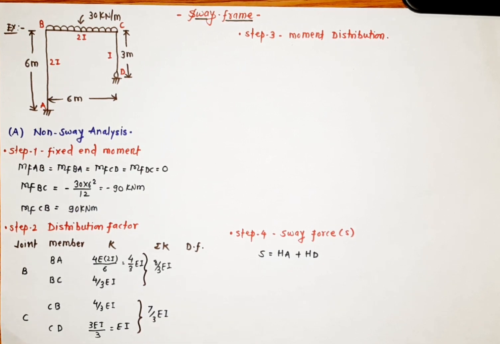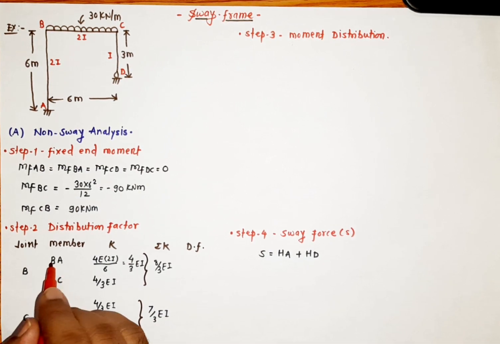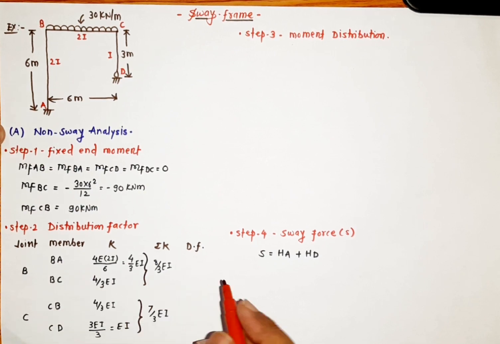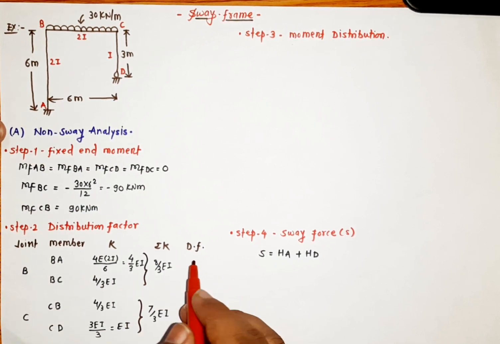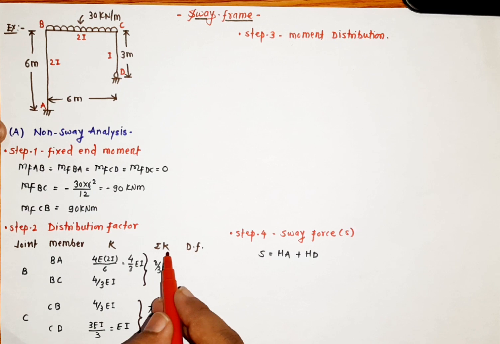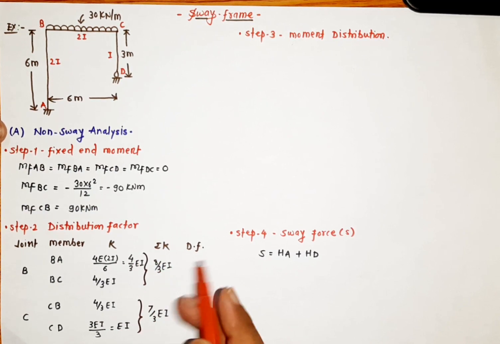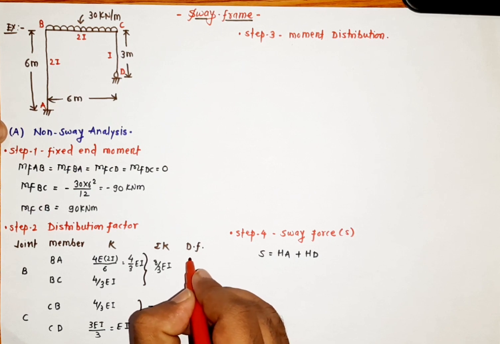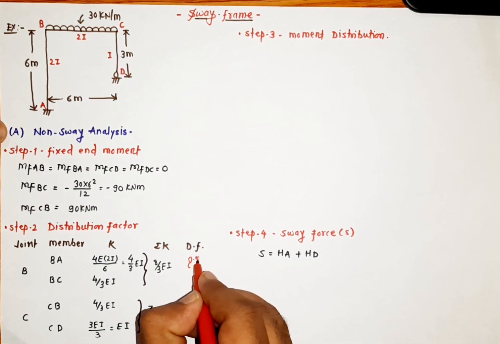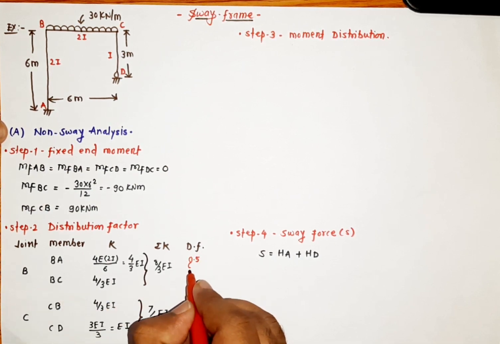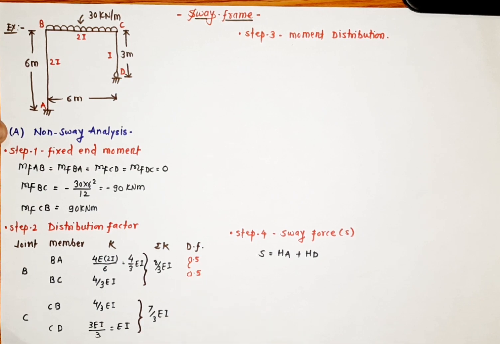Now we want the distribution factor for each member. So how to calculate the distribution factor? We already know that the distribution factor is equal to K divided by the summation of K, that is 4 by 3 EI divided by 8 by 3 EI. Ultimately, for BA it is 0.5 and for BC it will be 0.5.